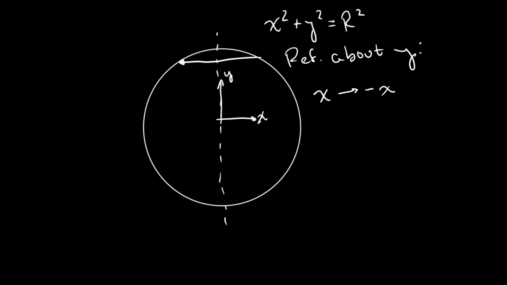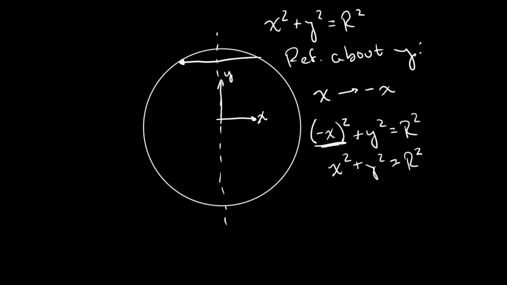But since x is squared in our original equation, we have something like minus x squared plus y squared equals r squared, which of course this here is just x squared plus y squared is equal to r squared. So again, we see that our equations don't change under this reflection.